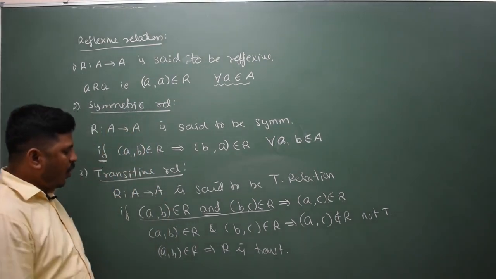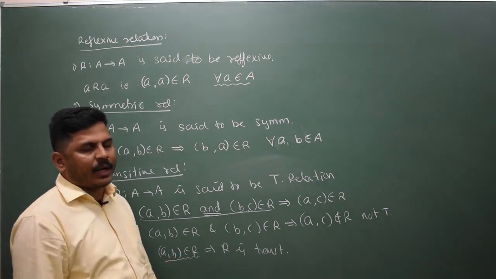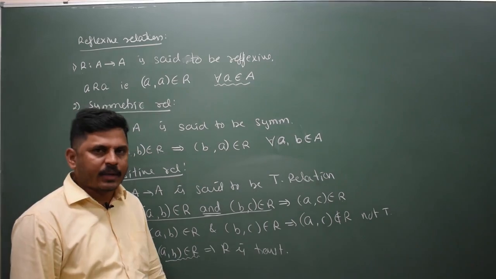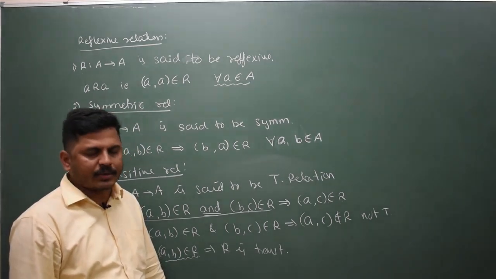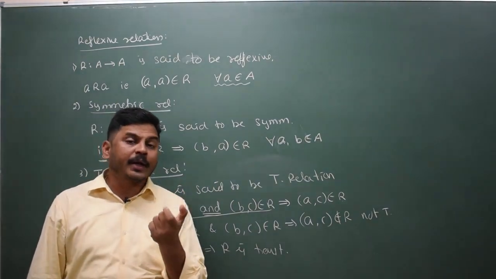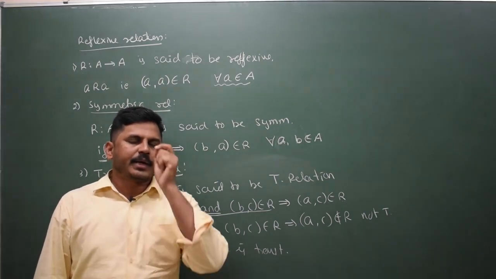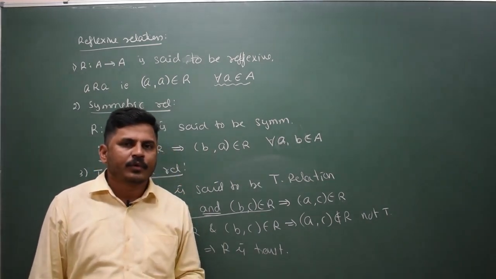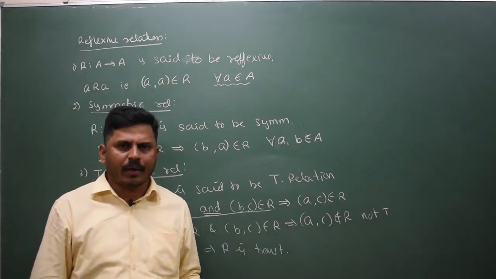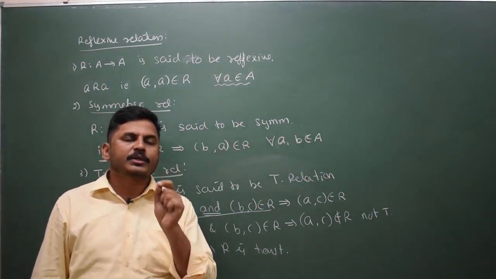That means all singleton sets, that means a set containing a single ordered pair, are transitive relations. If the relation contains a single element, then it must be transitive. No need to think about the other things. There is no need to check at all. If there is a single element in that relation, it must be transitive.